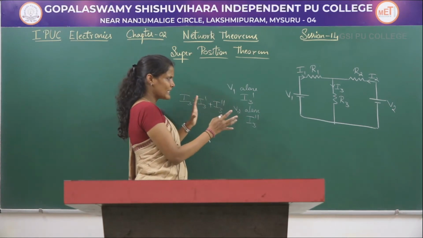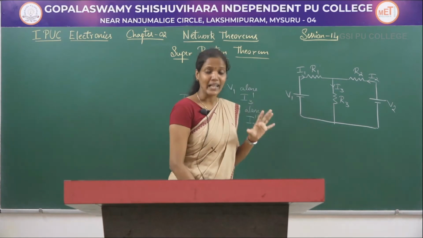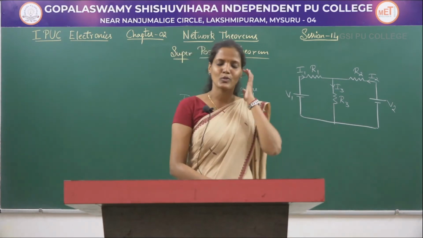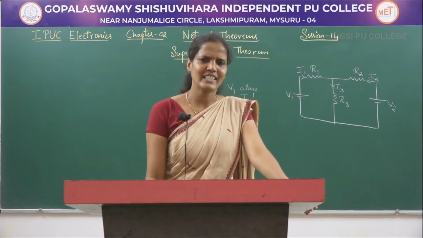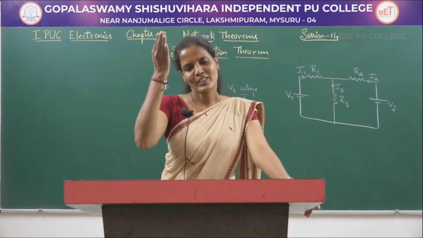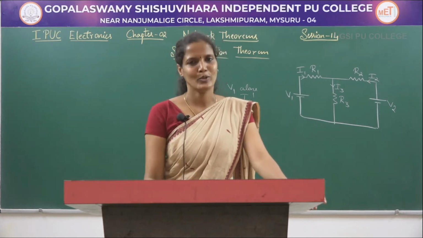We consider only one source at a time and replace the other source by its internal resistance. The internal resistance of an ideal voltage source is equal to 0, so we just short that voltage source.